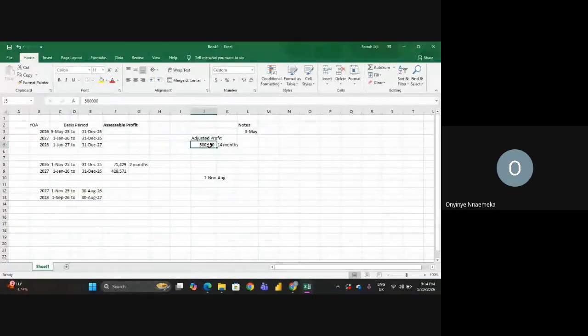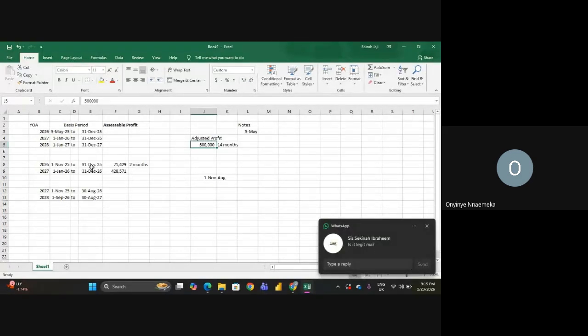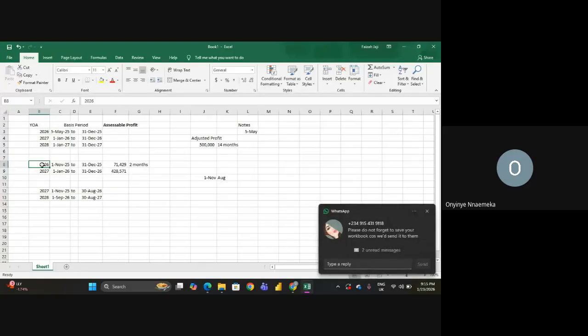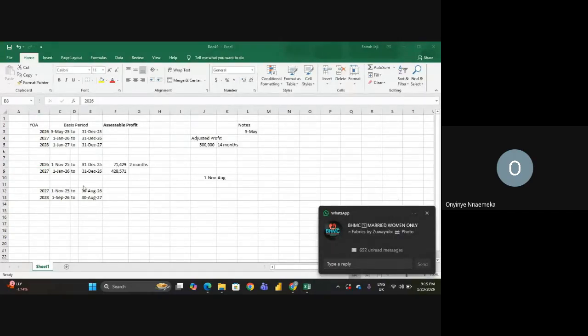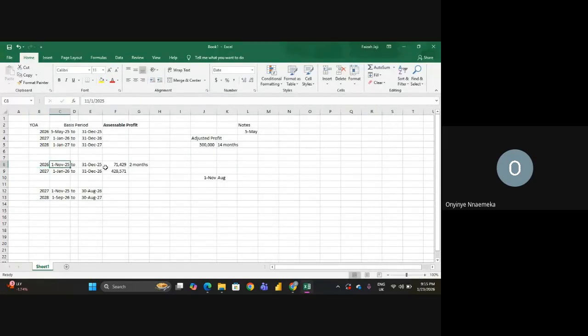So we are saying that 500,000 is the adjusted profit for 14 months. But this company has commenced business in November. The accounting year is what? December. If we follow this commencement rule, it means that the first year will cover only 2 months, which is November to December.